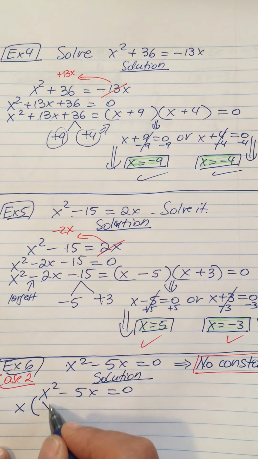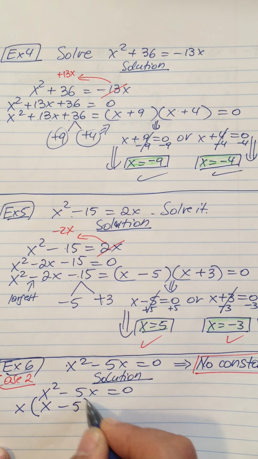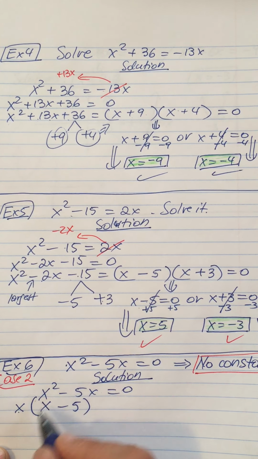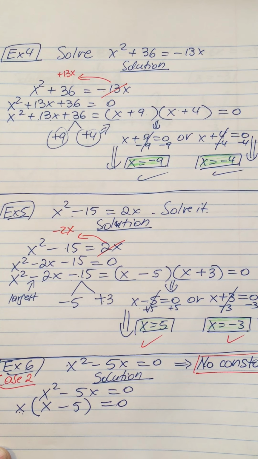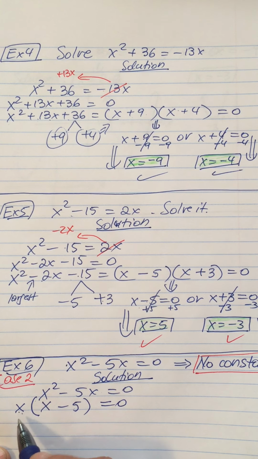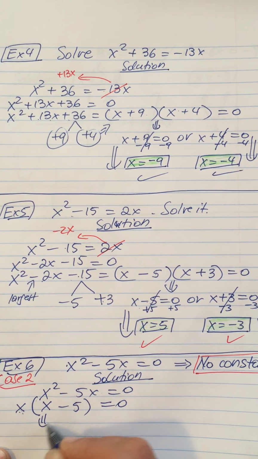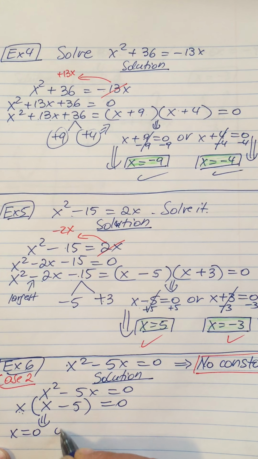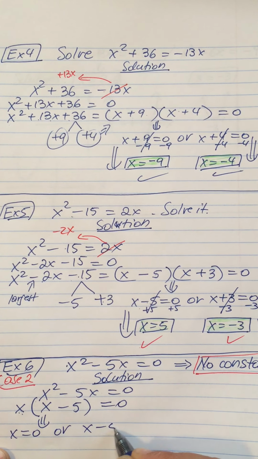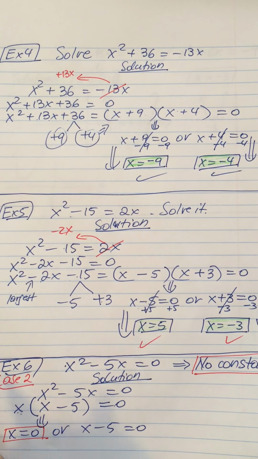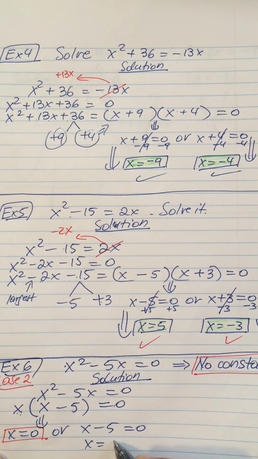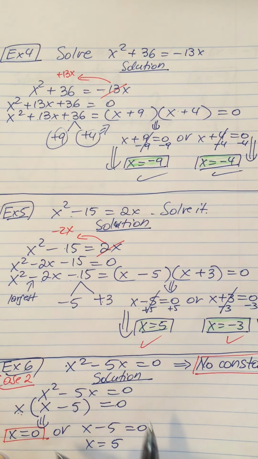From the first term is left x, from the second is left negative 5. Check: x times x is x squared, x times negative 5 is negative 5x, equal to 0. Use the zero property. So maybe x is equal to 0, or x minus 5 is equal to 0. So right away we have one solution, and here I just want to change the sign, and I'm done.